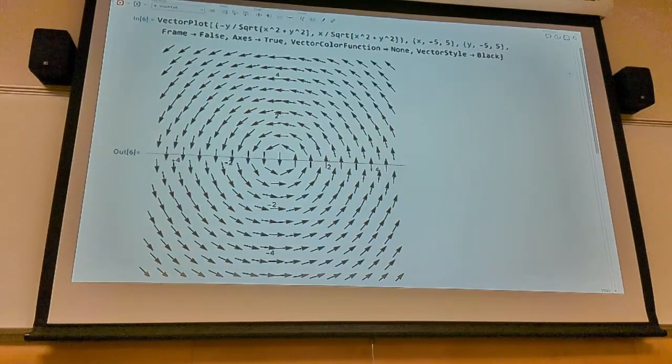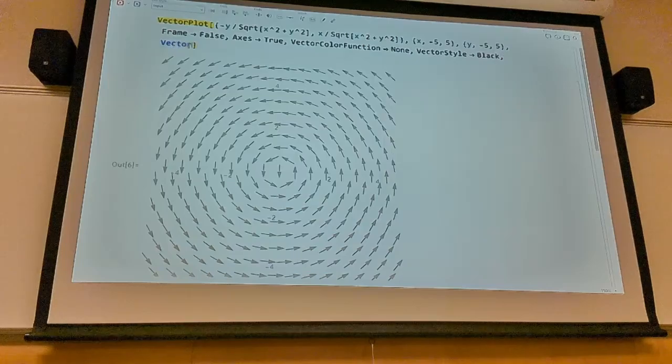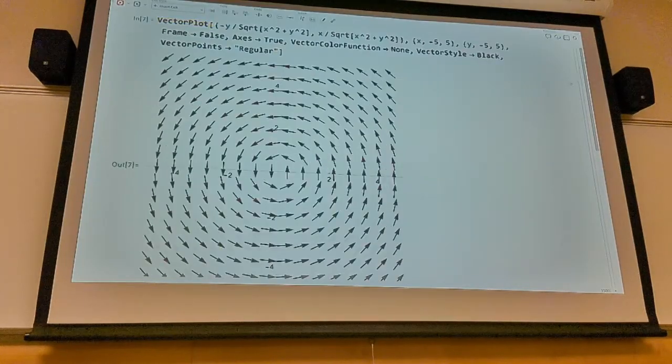I'm trying both. So it's regular. What the vector points option does is choose the points, number, or placement of the arrows.